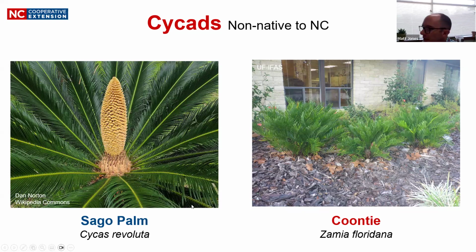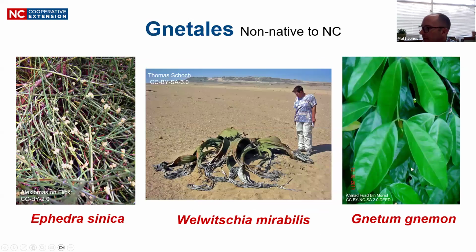Now for the really weird ones, the Gnetales, three genera to be aware of, none of which occur in North Carolina. But you may have heard of Ephedra. Some of these occur in the Western US. It's a small shrub-like plant with green stems and small scale-like leaves, and it's actually where the drug ephedrine came from.